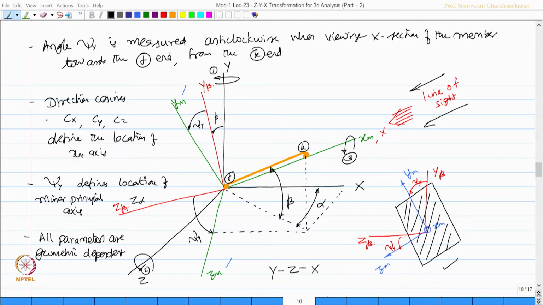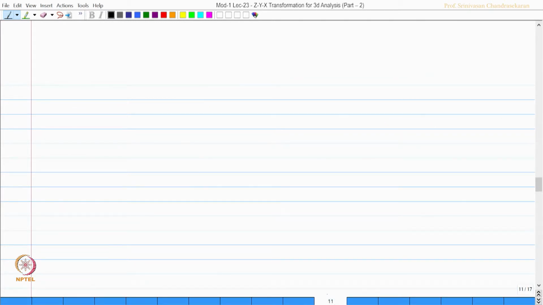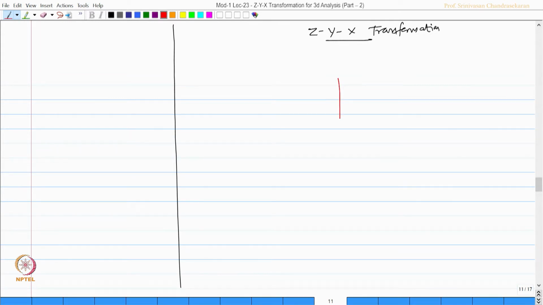Similarly, if I try to do this for z y x transformation, let us say the reference axis is marked in red color.